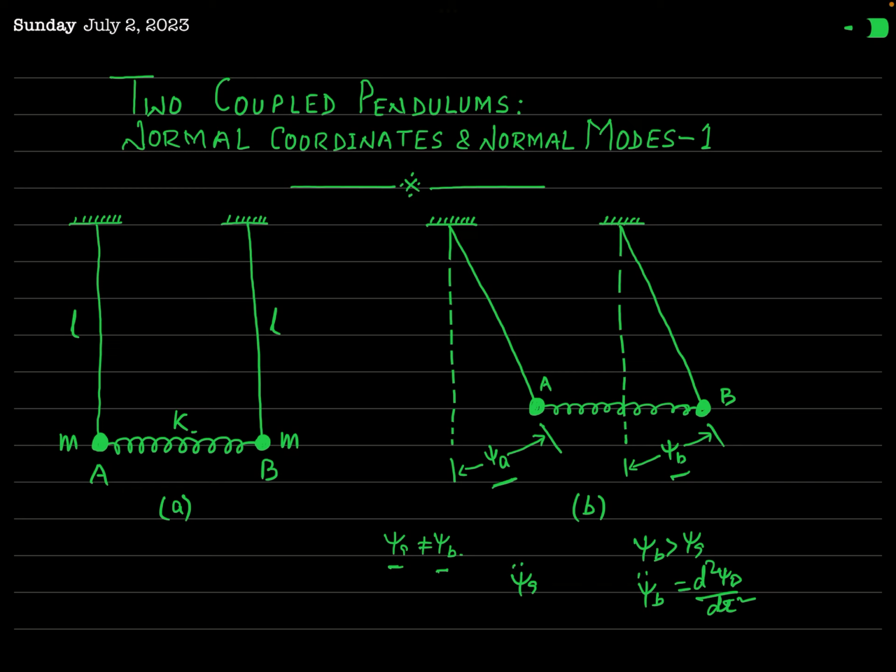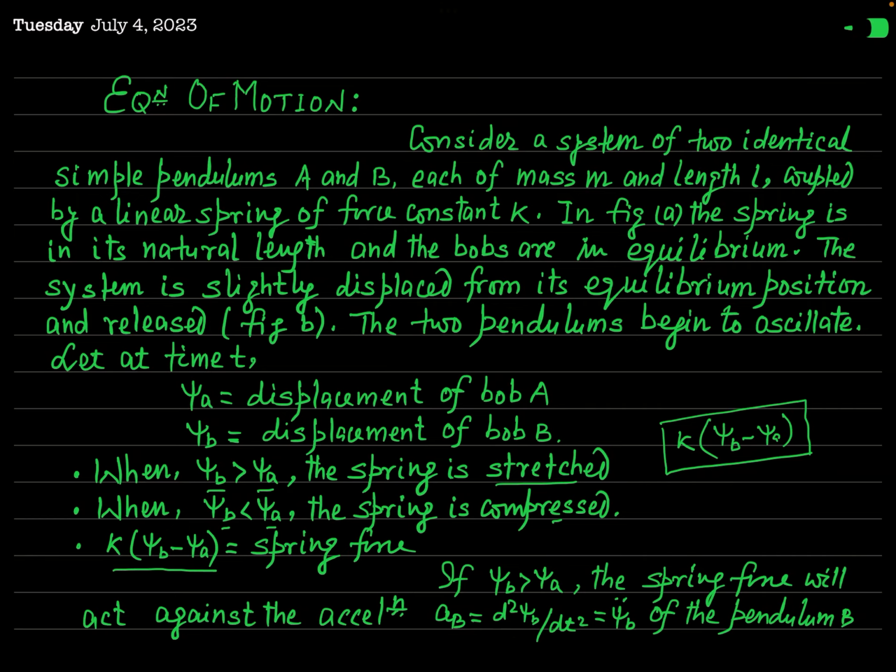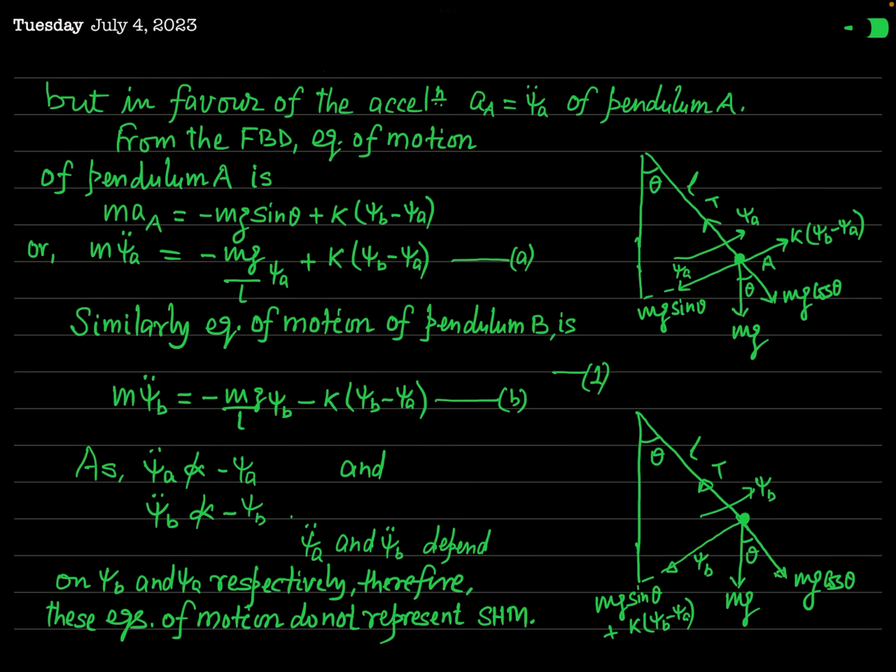So psi a double dot will be in the direction of the displacement psi a, while psi b double dot, which is the acceleration of bob B, will oppose the displacement psi b. Okay, is it okay? So keeping this fact in our mind, now we can write the equation of motion.